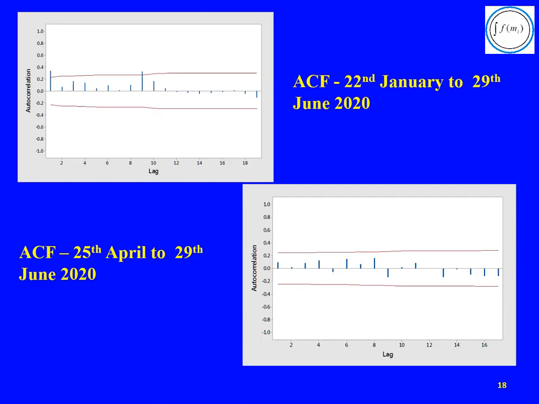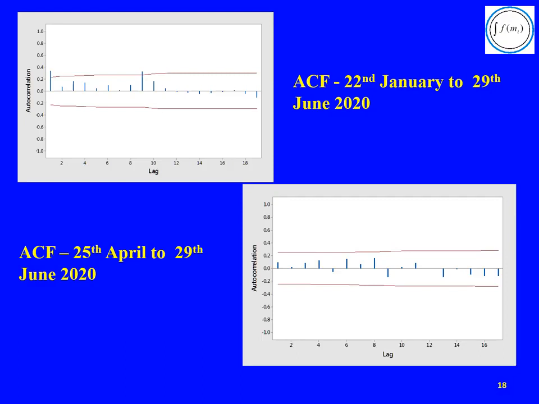But for the second part, when I avoid the jump, I break the data set into two parts. The second part is from 25th April to 29th June. When I put the autocorrelation function here, you can see the behavior of that second part of the data set is within the constant band, the constant mean and the constant variance.